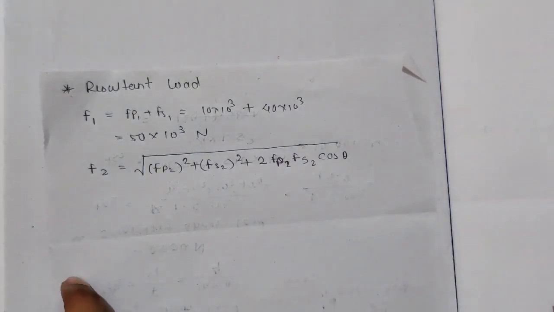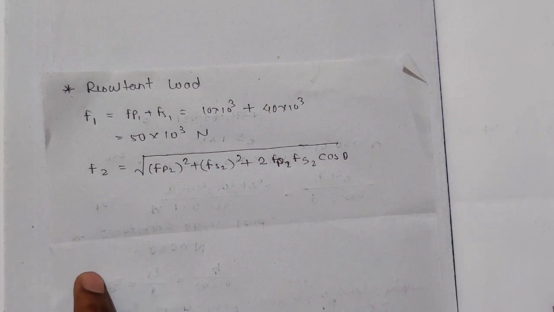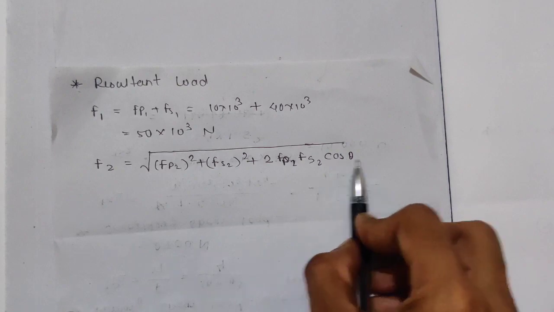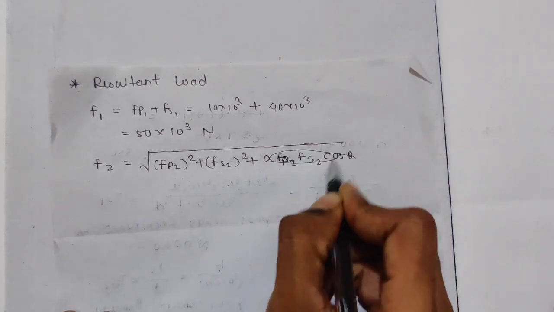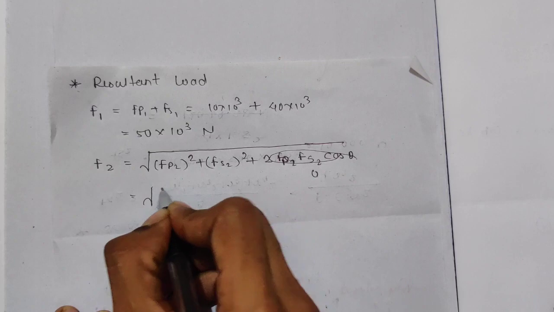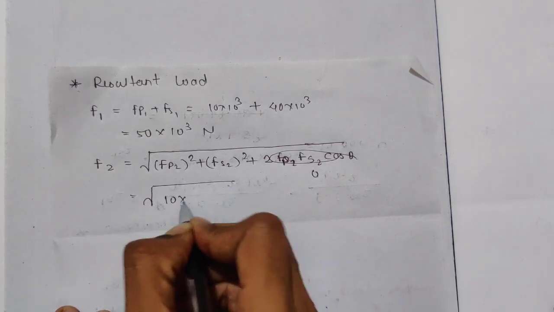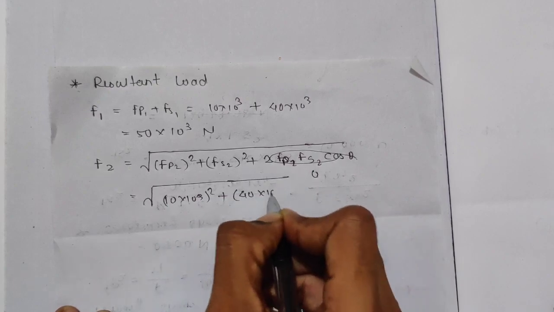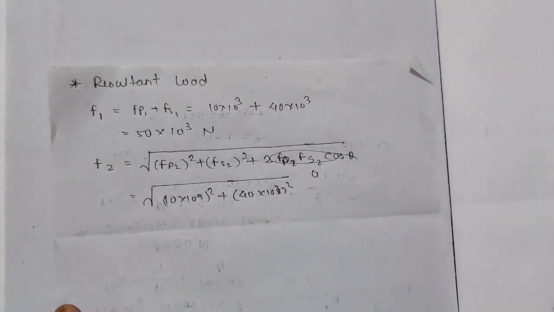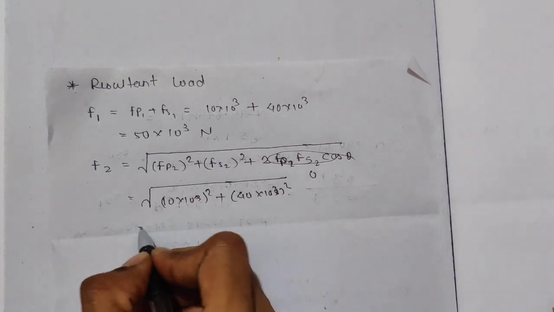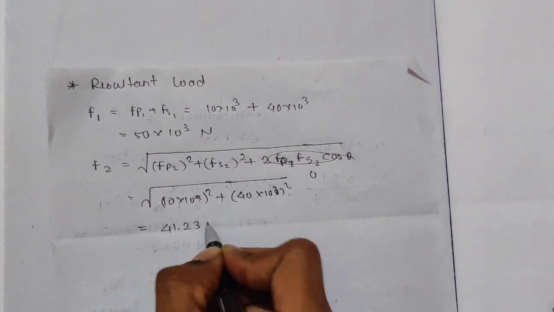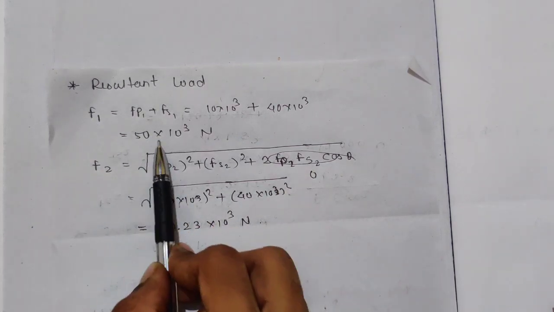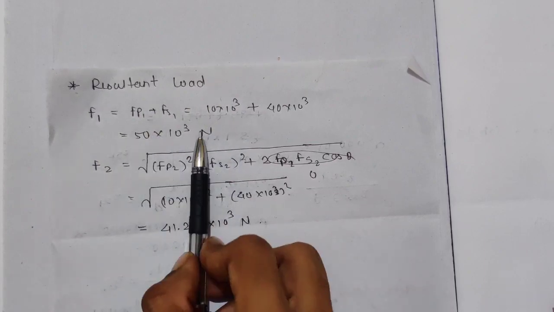Here theta is 90, and cos 90 is 0, so this whole term will become 0. So you will get under root of 10 into 10 raised to 3 square plus 40 into 10 raised to 3 square. If you calculate, you will get 41.23 into 10 raised to 3 Newton. Now you can clearly see F1 has the maximum load, so the resultant load on bolt 1 is maximum.